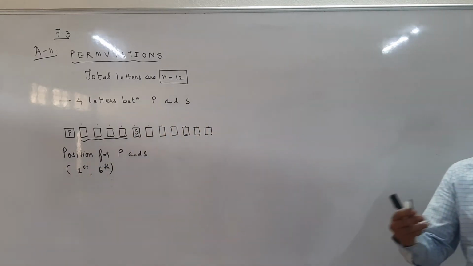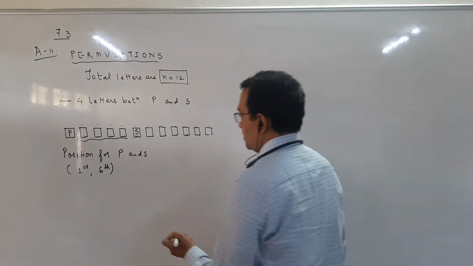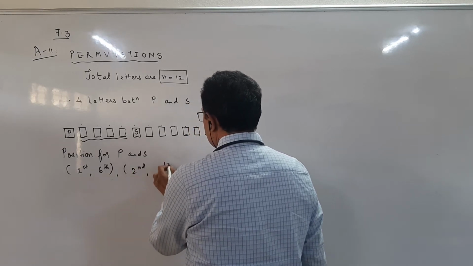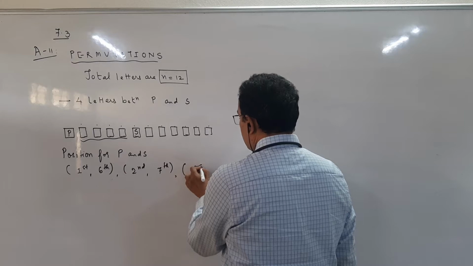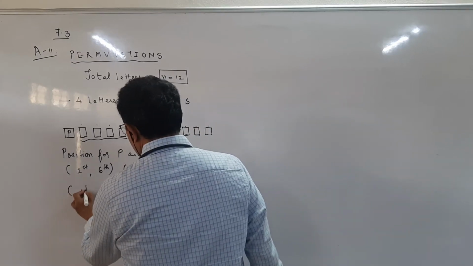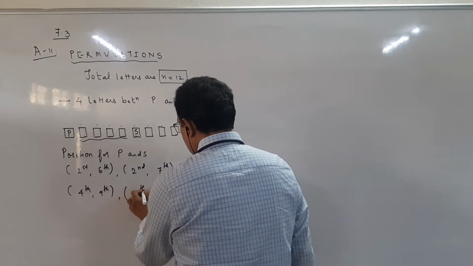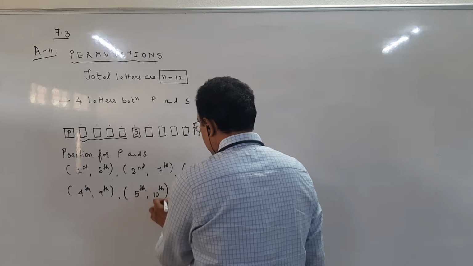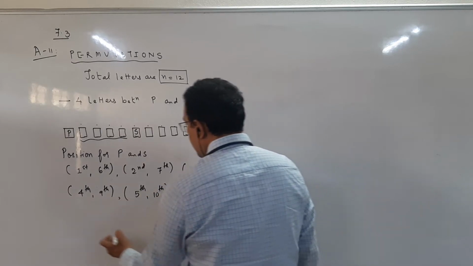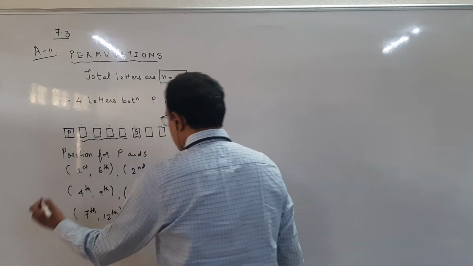Now, it is not that these are the only positions. I shift one, then it will be second and seventh. Again, if I shift one, then third and eighth. Again, I shift one, then fourth and ninth. Again, I shift one, then fifth and 10th, again I shift 1, 6th and 11th, and last 7th and 12th.